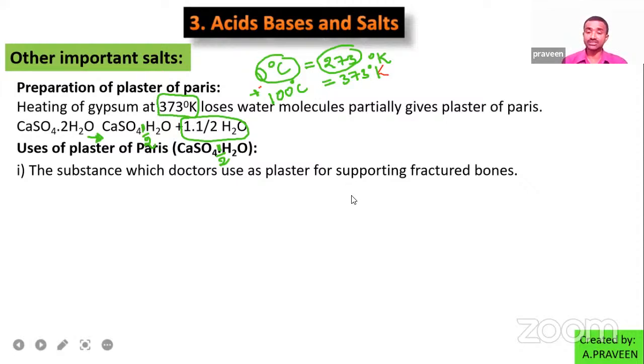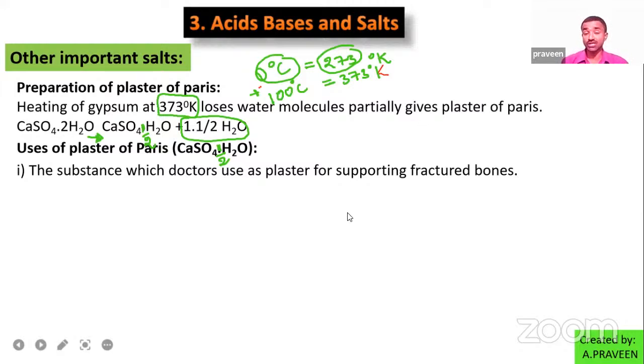It is a soft material and can be preserved. Once it is exposed to the air, it becomes very hard substance. So that's why it is used as supporting substance for the fractured bones.